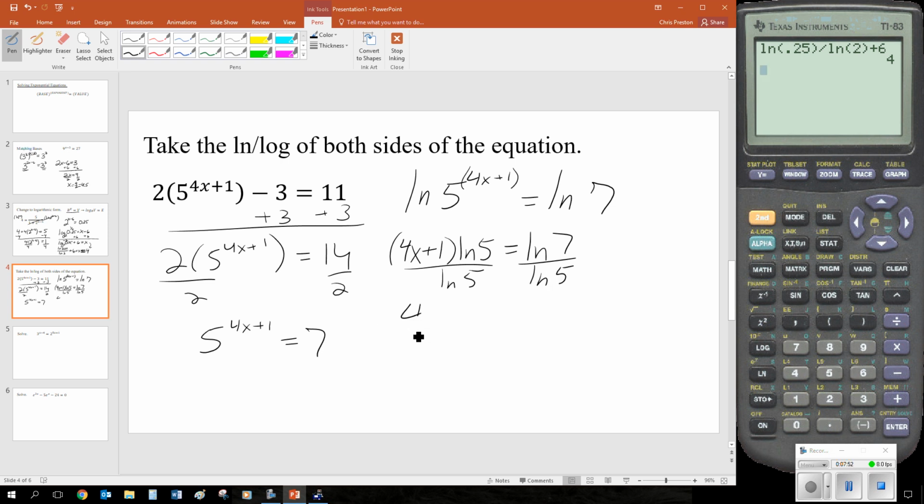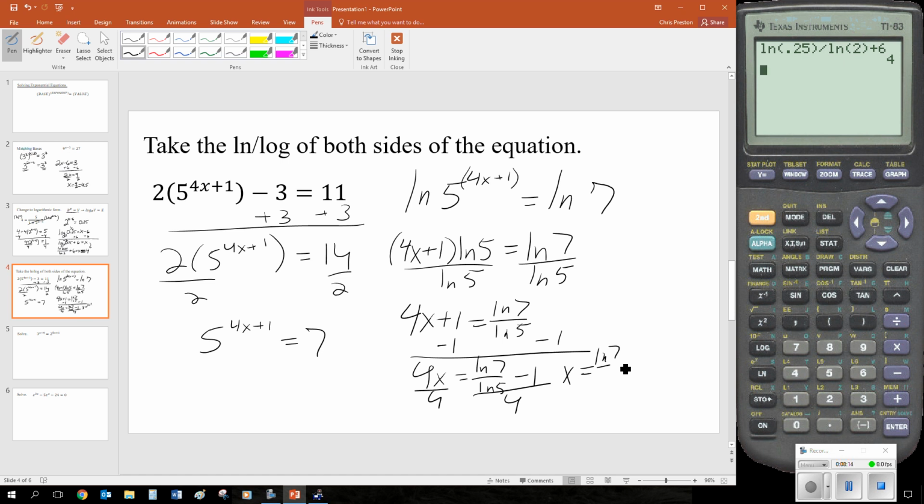That'll give me 4x plus 1 equals natural log of 7 over the natural log of 5. And then solve this for x. So subtract 1. Divide by 4. And so I get an answer, natural log of 7 over natural log of 5 minus 1 over 4.